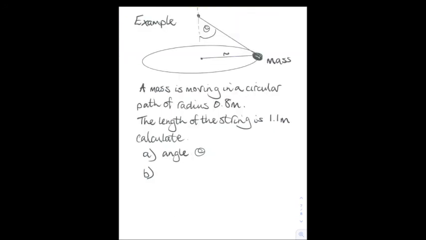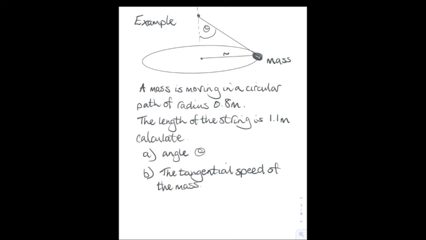And then secondly, what's the tangential speed of the mass? And there will only be one single tangential speed that mass can have if it's moving in a circle where that angle from the vertical is theta. So the tangential speed v can only have one value if theta has got a specific value.